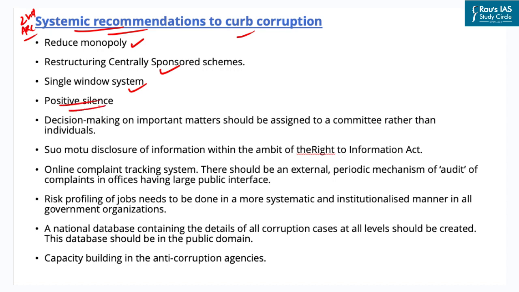Now the principle of positive silence needs to be adopted as per the Second ARC. Whenever permissions or licenses are to be issued, there should be a time limit for processing the same, after which the permission should be deemed to have been given. And if the time limit is breached, the officials who are responsible for delays should be held accountable.